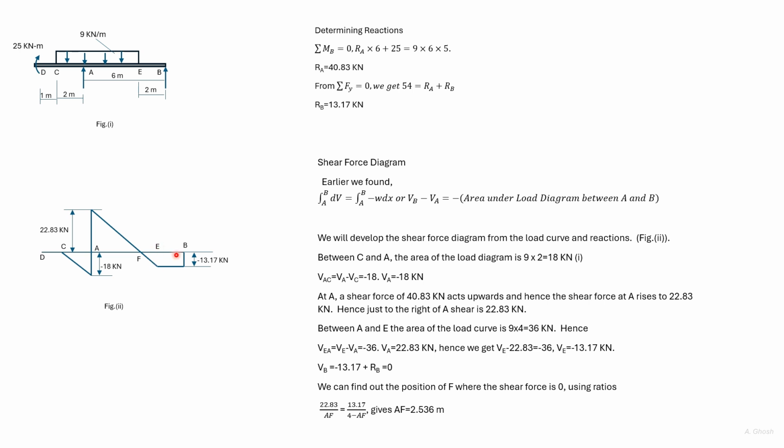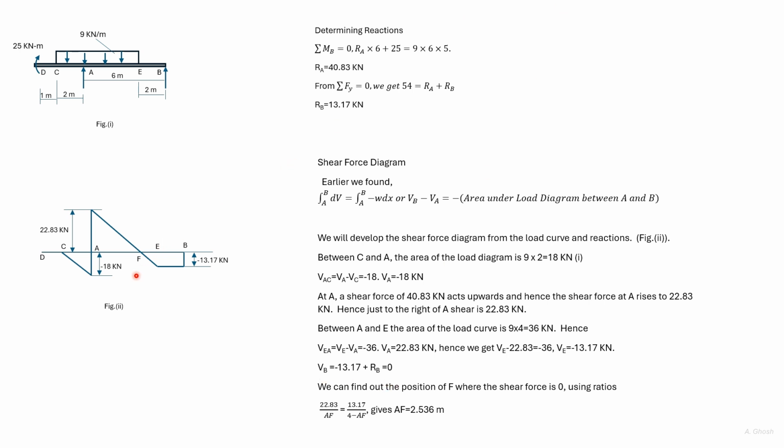Here we have plotted VE. The loading variation is constant, so the shear force variation would be linear, and we have joined the shear force at A and E by a straight line. RB is 13.17, so we get VB is equal to 0.